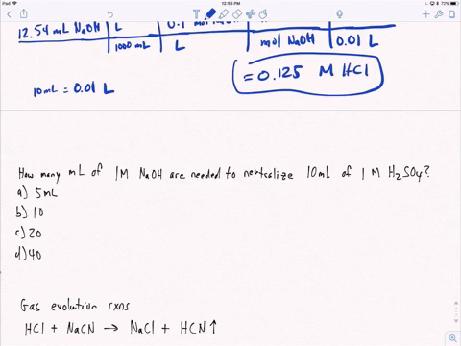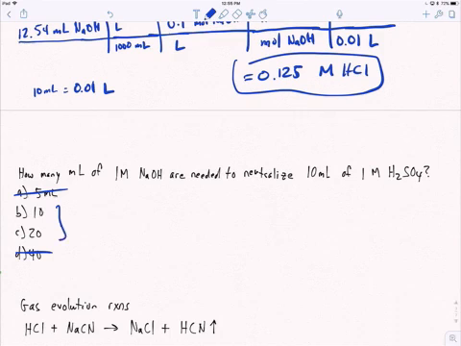How many think we need 5 milliliters? How about 10? 20? 40? Okay, so we got some votes. It's not A or D, it's going to be B or C.